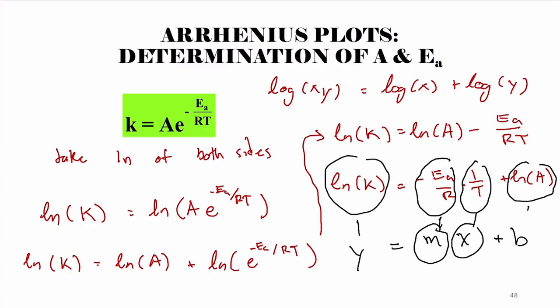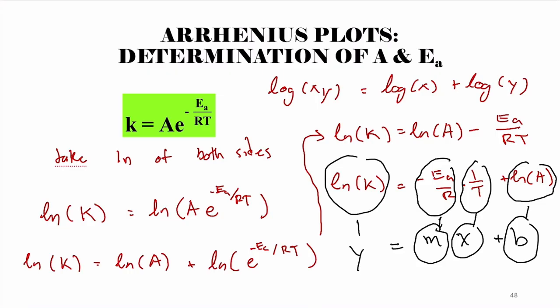And ln of the frequency factor is our y-intercept here. So that means if we plot the natural logarithm of k versus 1 over the temperature, then we should get a line where the slope is minus the activation energy divided by the ideal gas constant, and the frequency factor is the y-intercept.